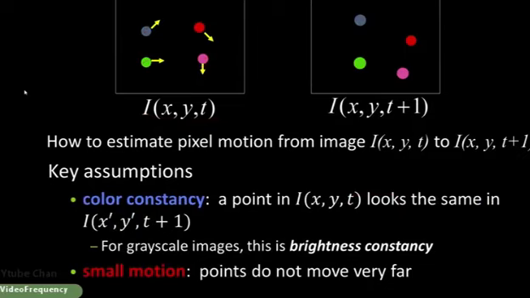And basically this says that a point at (x, y, t), if we knew how it moved to some point (x prime, y prime) at t plus 1, that point will be the same color. Okay? And if this is a monochrome, grayscale image, then that point will be the same brightness. And that's the color constancy or brightness constancy. All right? And then the second thing is that we're going to assume that these points don't move very far from one time to the next time, from t to t plus 1. And if you think that's because we're going to do something in the Taylor universe, you're absolutely right.